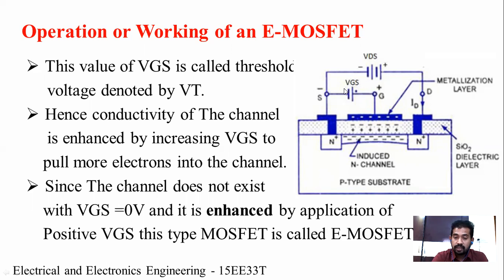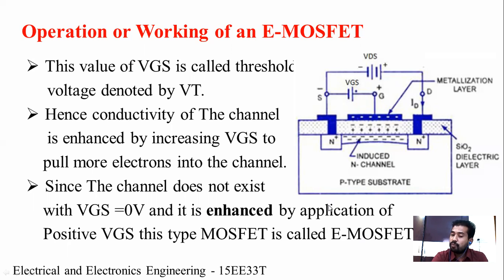By increasing the magnitude of VGS, we are enhancing the current flow between these two terminals, source and drain. Hence, this type of increasing of the induced N channel by applying a positive voltage across VGS is called an E-MOSFET.